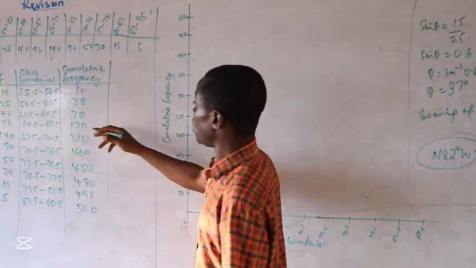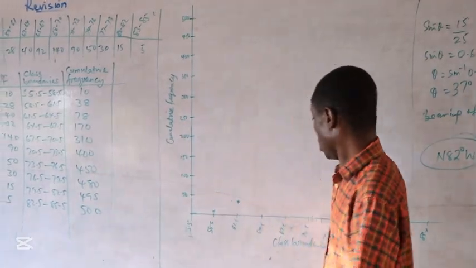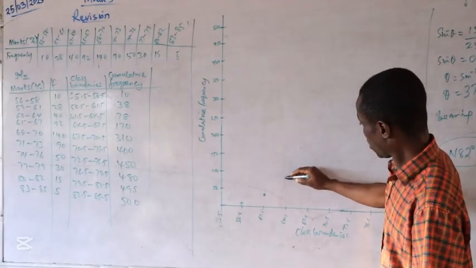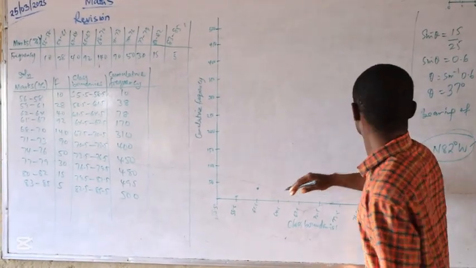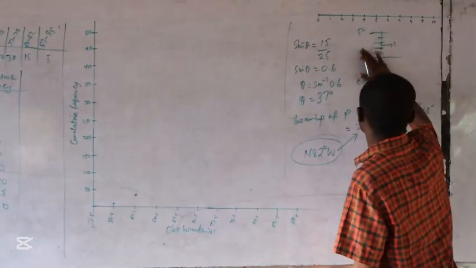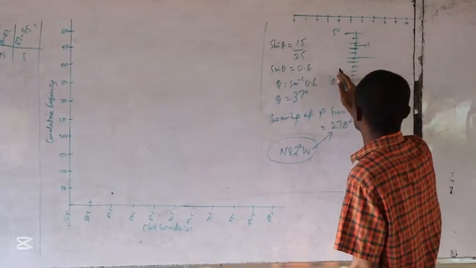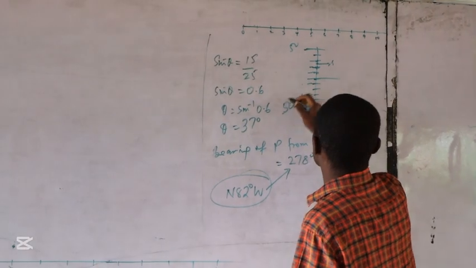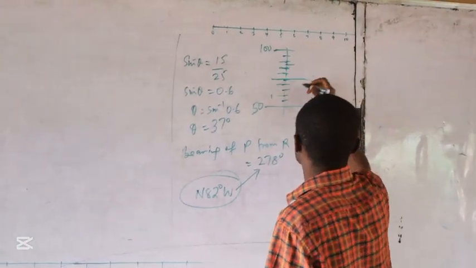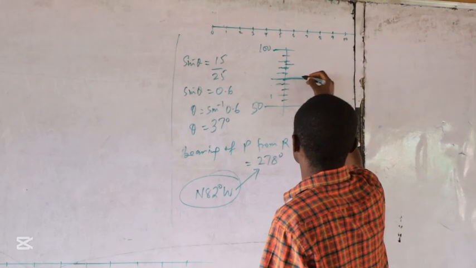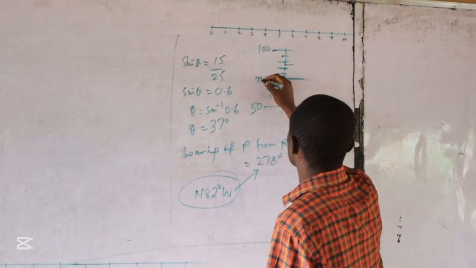So, the next one is 78. For you to get that 78, if you have 100, from 50 to 100, look at this. Let's say this is 50 and this is 100. Half of it, 1, 2, 3, 4, 5, is 75.